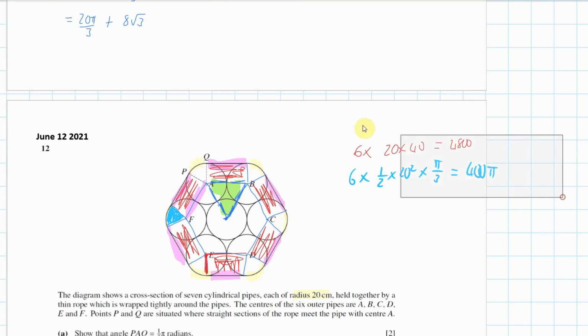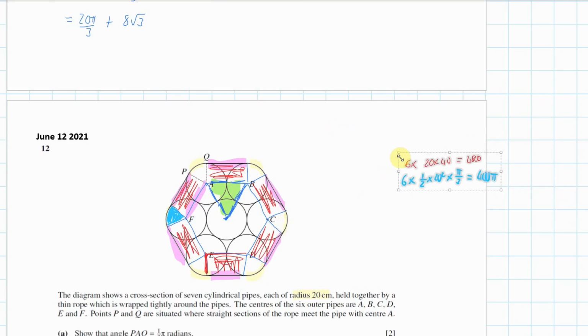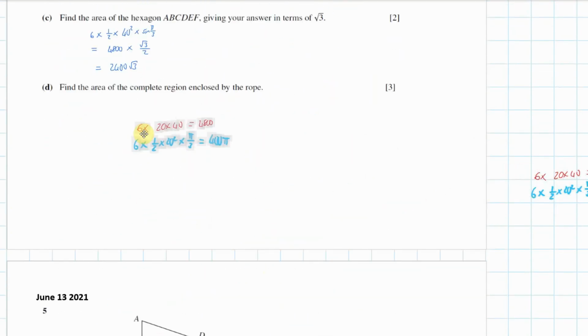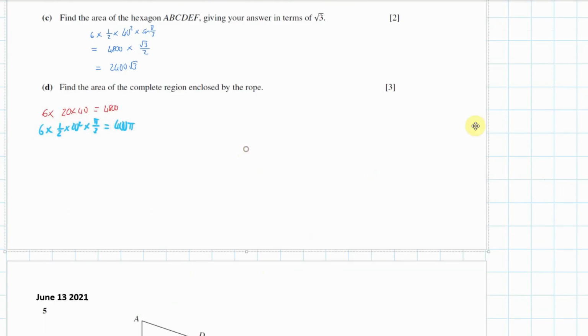Now, so we've got those bits, and then we've got our, so it should be 4,800 plus 400 pi, plus 2,400 square root 3.